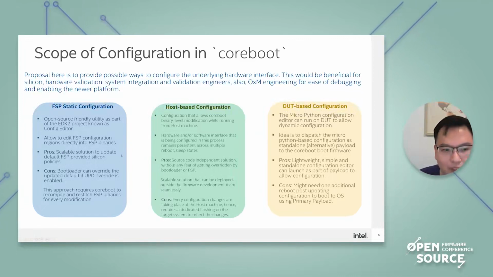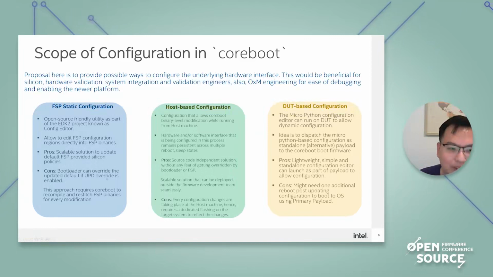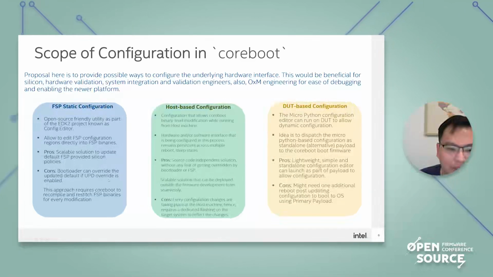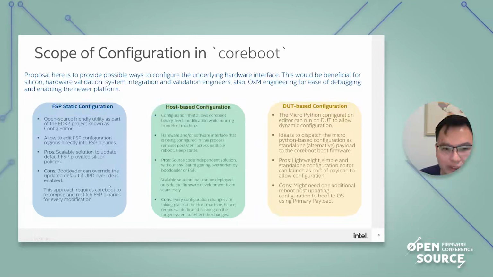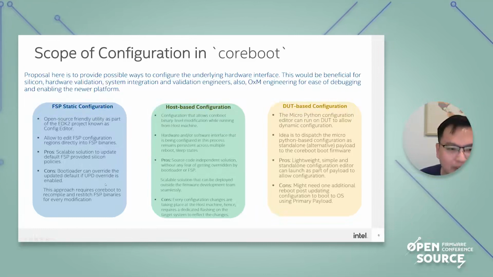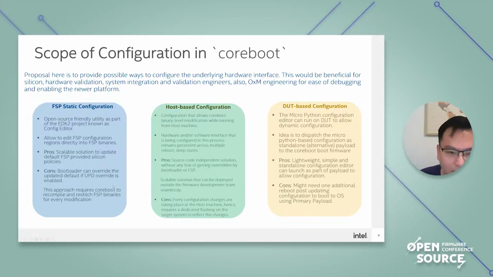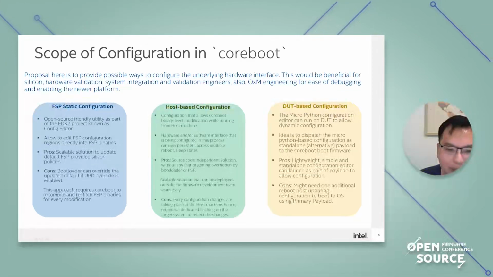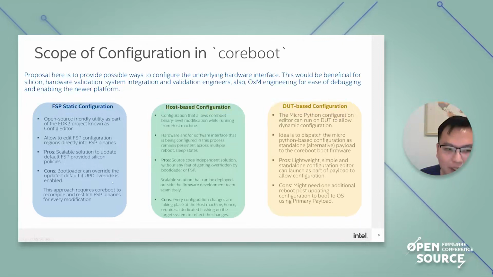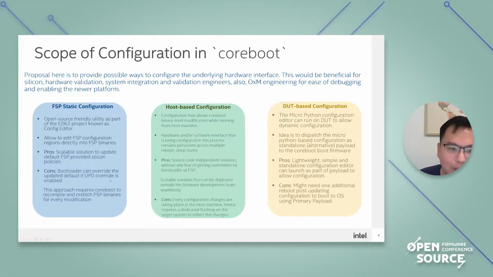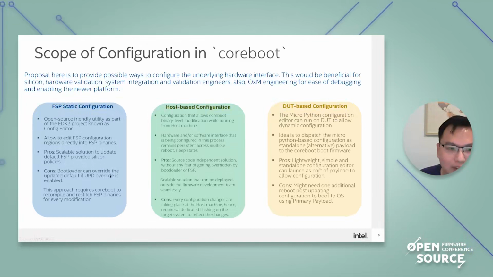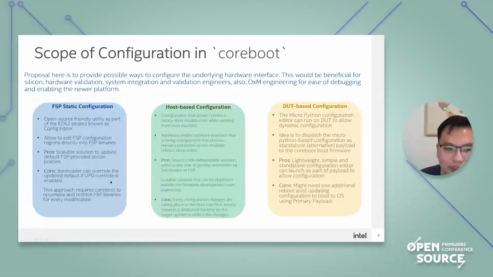But unfortunately, after that, you have to take that patched binary and recompile with your bootloader, right? For example, if you are using Coreboot or Slim Bootloader, you have to replace the binary that was patched. So this is the disadvantage. Another disadvantage is that the bootloader could accidentally override some of the defaults, right?